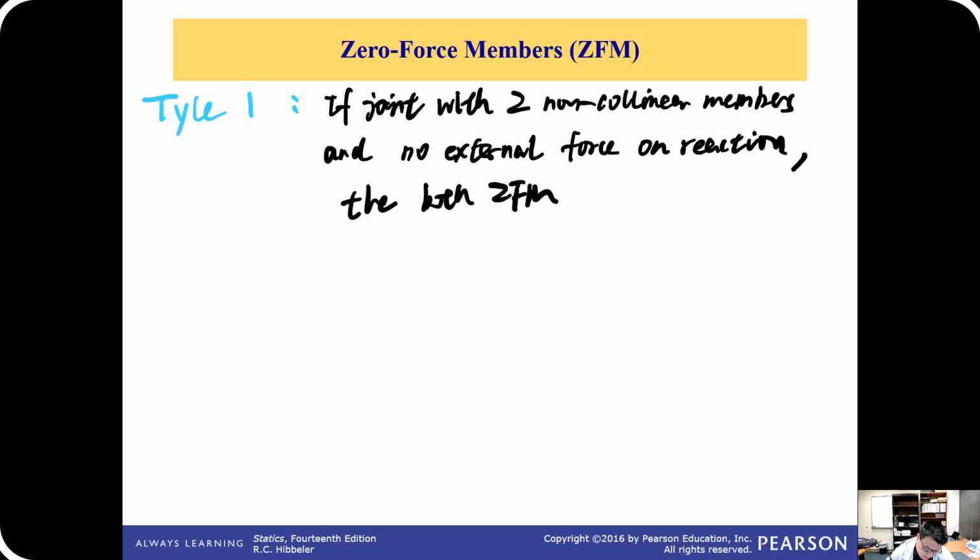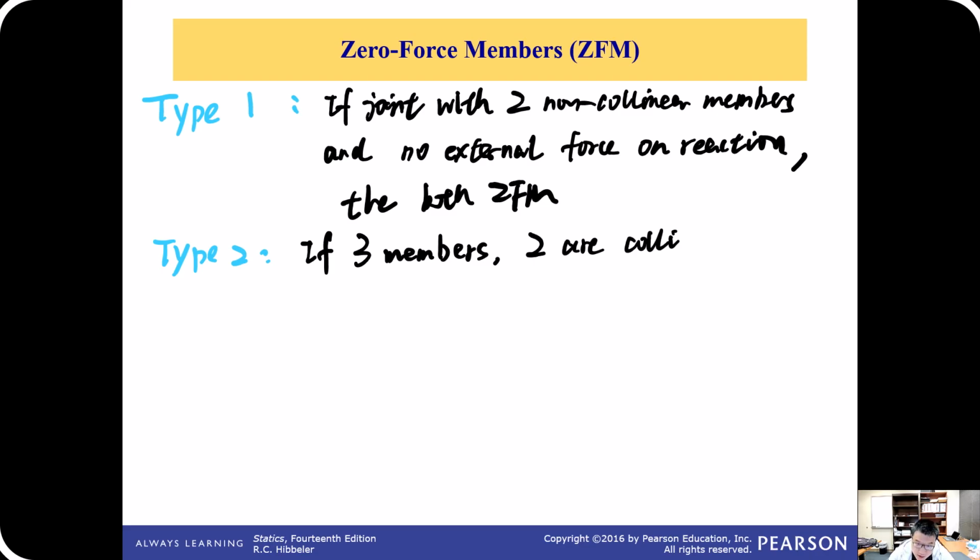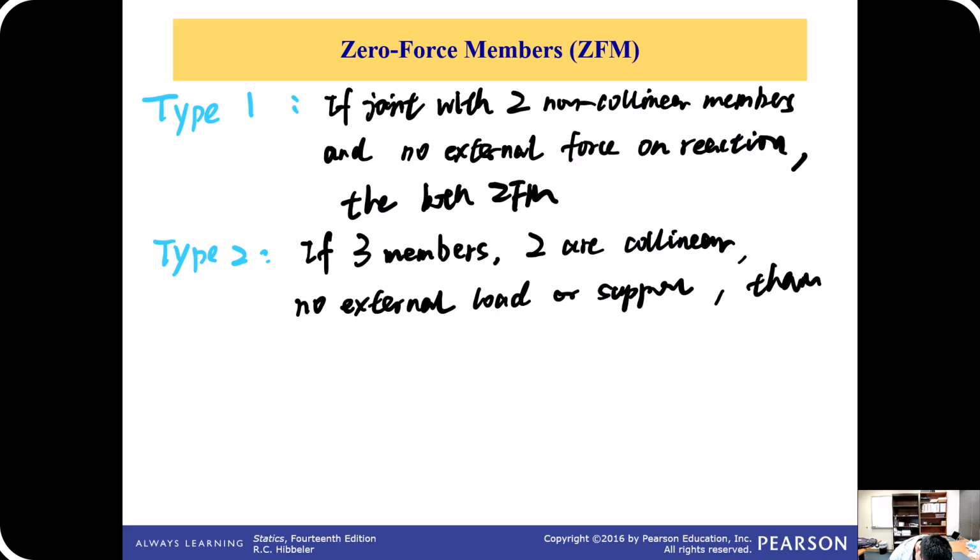And type 2: if one joint has 3 members, 2 of which are collinear, and there is no external load or support, then the third member is a zero force member.